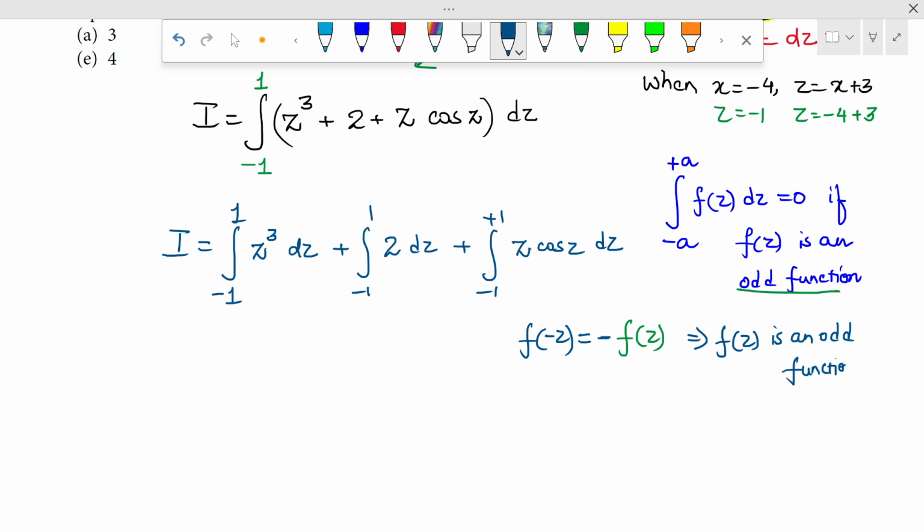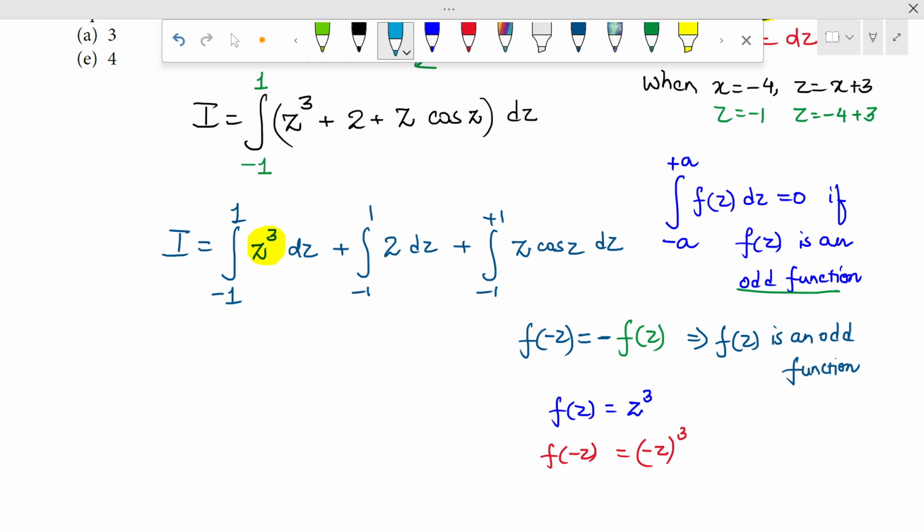So over here for the first one, if I take f of z as z cube, and if I take f of minus z, this will be minus z cube, which is equal to minus of f(z), because my f(z) was z cube.